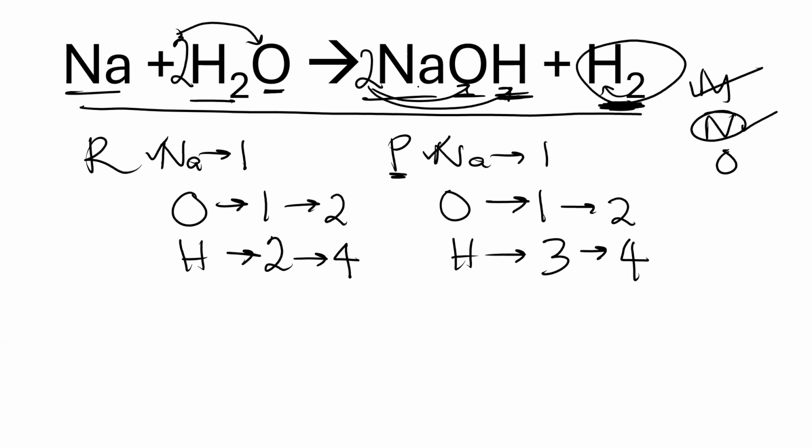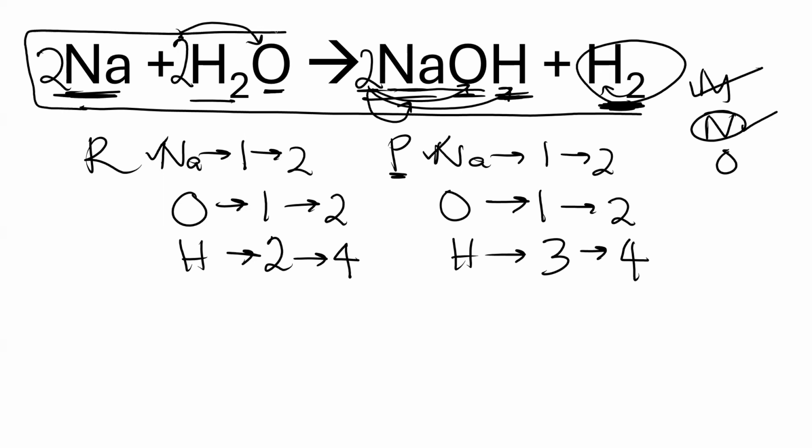Same with sodium. Sodium became 2 by adding 2 as a coefficient to sodium hydroxide. Therefore, to balance sodium, we need to put 2 as coefficient for your sodium metal. So all in all, our balanced chemical equation is 2 sodium plus 2 water forming 2 sodium hydroxide and 1 hydrogen gas.